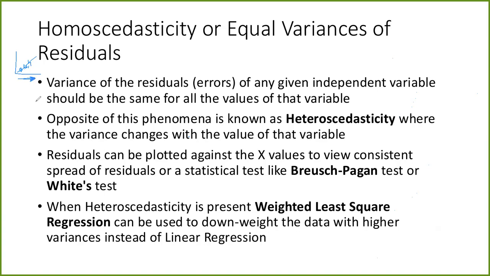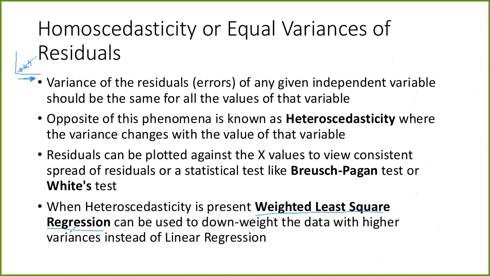Otherwise, you may be using some other regression techniques like weighted least square regression, where you can weight differently for different sections in the x, so that some x values would have a higher variance of errors, some x ranges would have a lesser variance of errors, so that you can weight them accordingly for different x values.